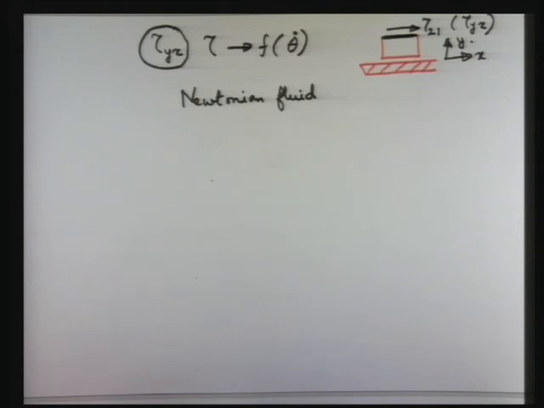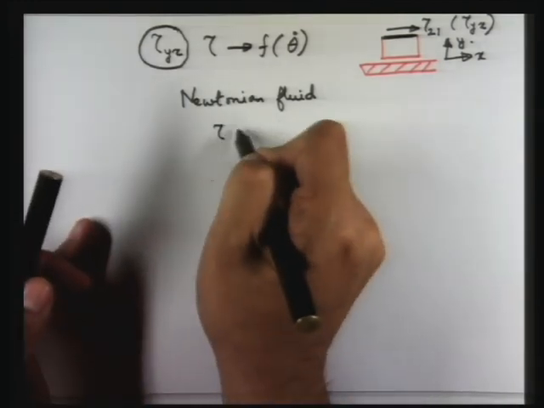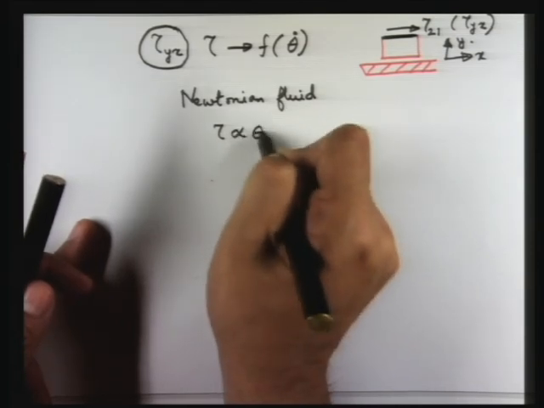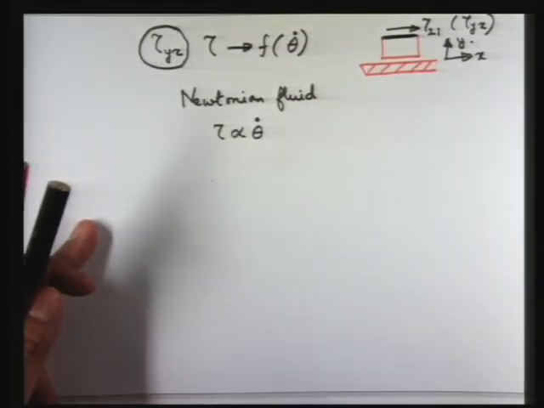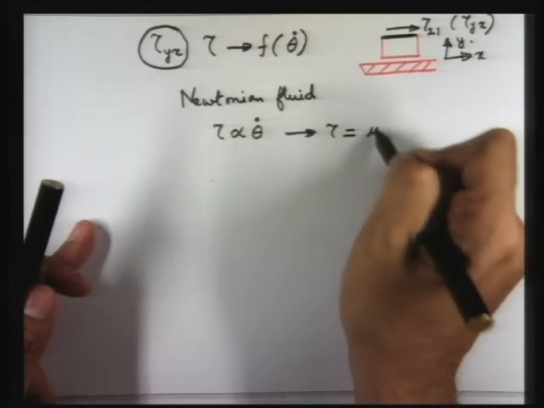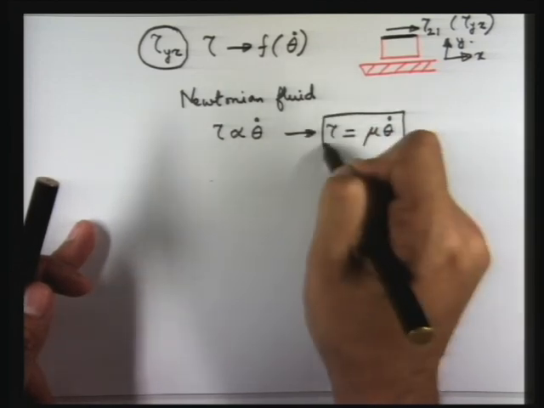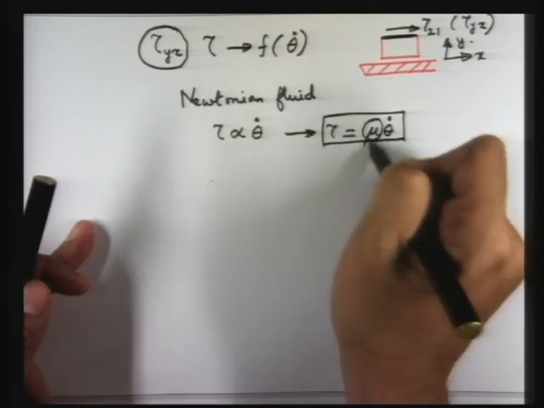That means tau is a linear function of theta dot, and in fact it is linearly proportional to theta dot. So the constant of proportionality, this mu, is known as the viscosity of the fluid.